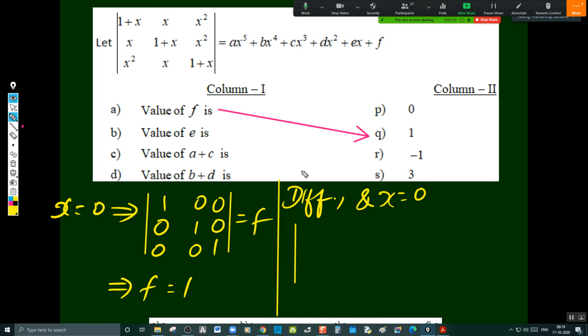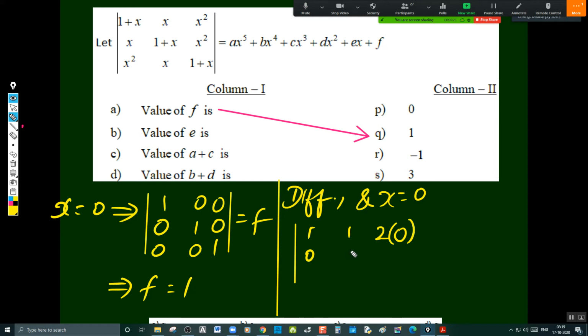If you differentiate this, that is 1, 1, 0, 1, 1, and 2 into 0, which is 0.